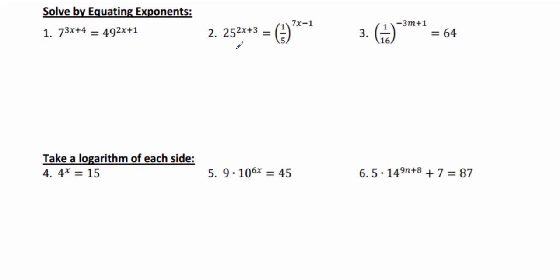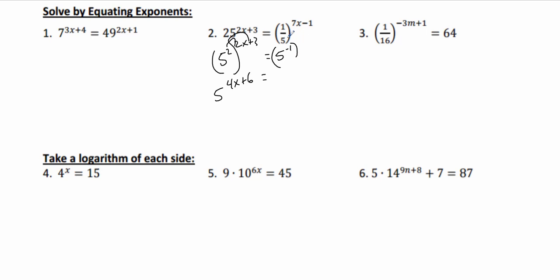Number 2, I want to make these the same base. So I know 25 here is 5 squared, and I know that's being raised to the 2x plus 3 power. So really, that's 5 to the 4x plus 6, because remember I had to distribute that through, equals. Well, is there any way that I can change this 1/5 into something with a base 5? Well, yeah, if you recall, negative exponents actually allow me to flip, right?